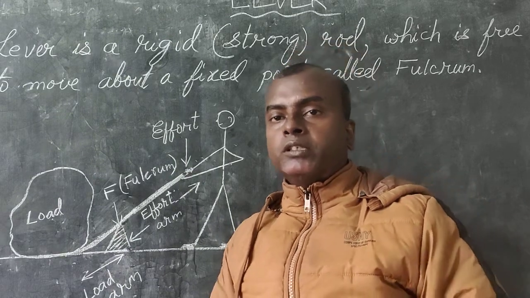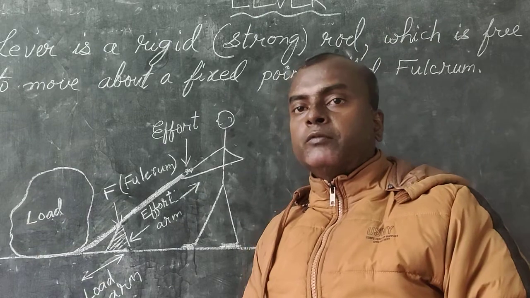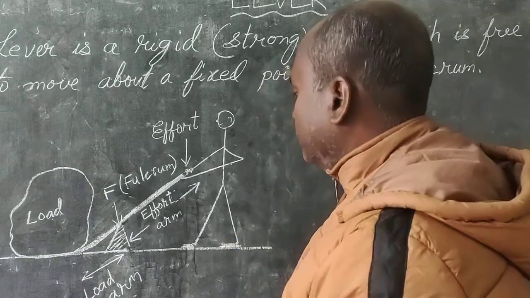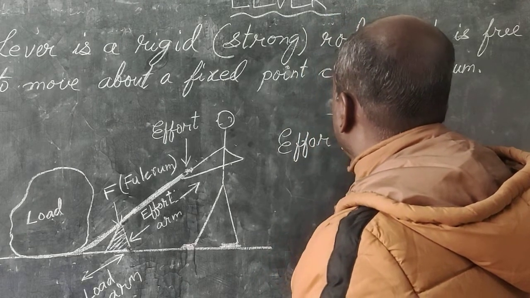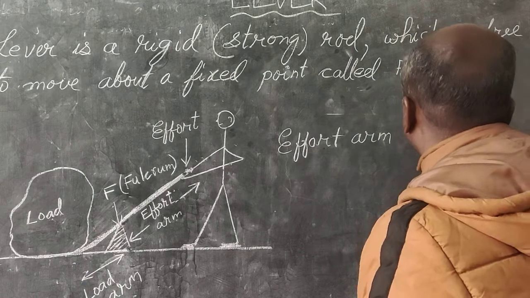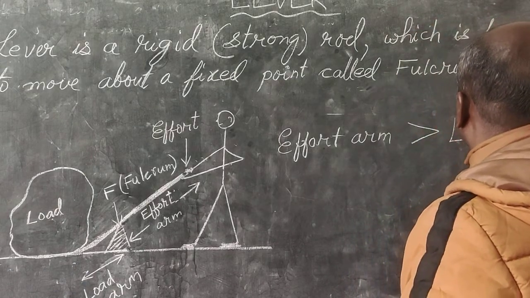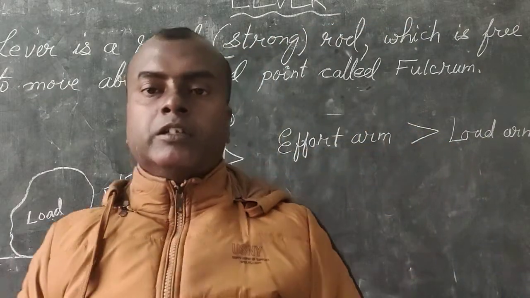Then there is no point using the machine at all, isn't it? Then the machine will not serve its purpose. So effort arm should always be greater than the load arm.